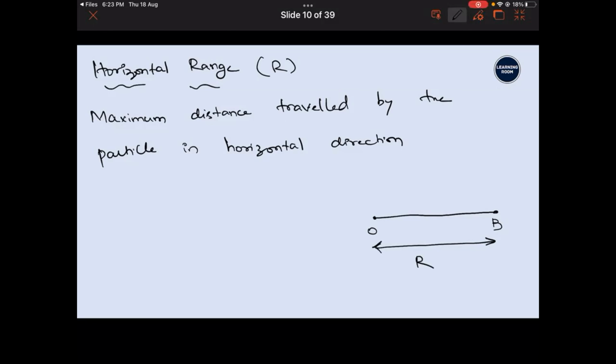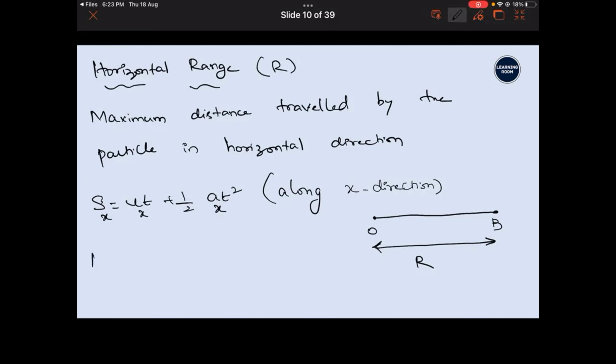So for this, you will apply S is equal to UT plus half AT square along the X direction. So Sx is equal to Ux T plus half into Ax into T square. So what is the displacement of the particle along X direction?